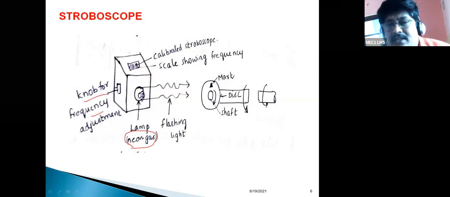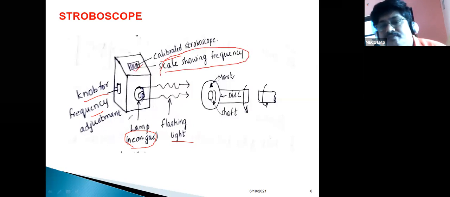This will adjust the frequency of this lamp, or otherwise it will adjust the frequency of the flashing light which is emitted from the lamp, right? And on the top, it is a calibrated scale showing the frequency.